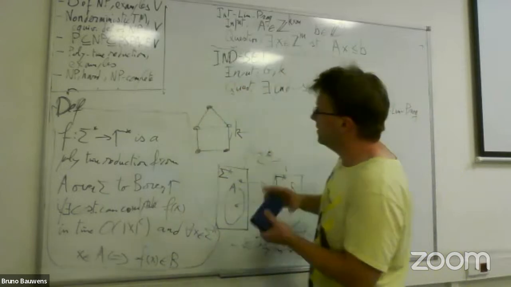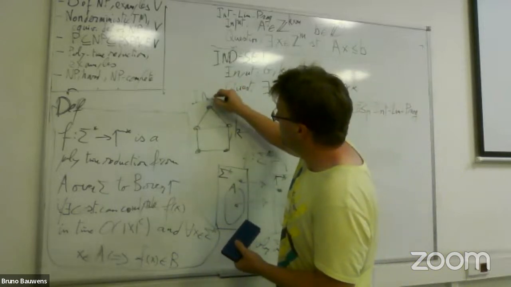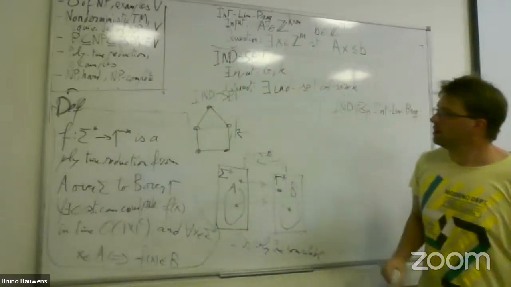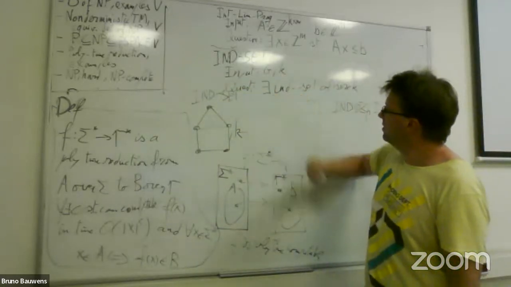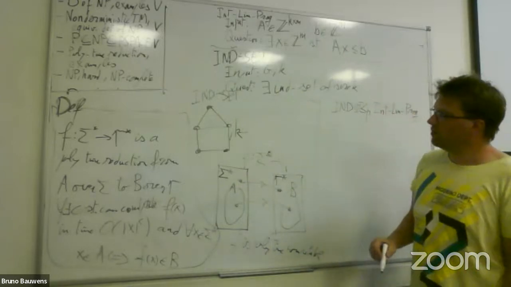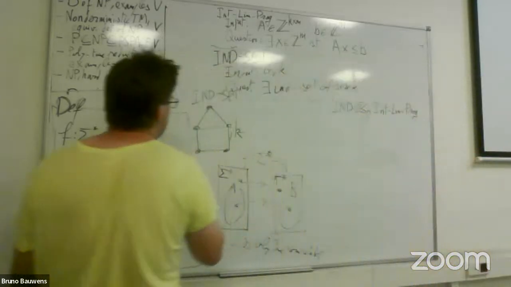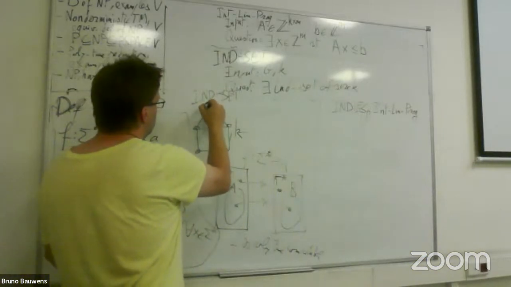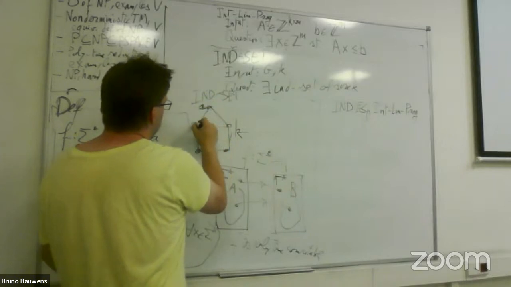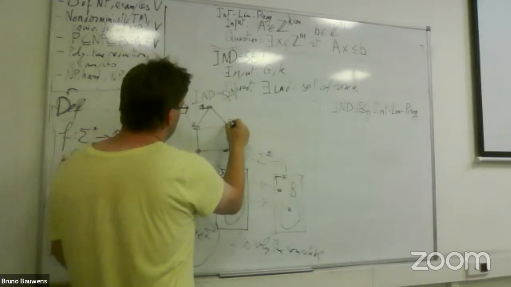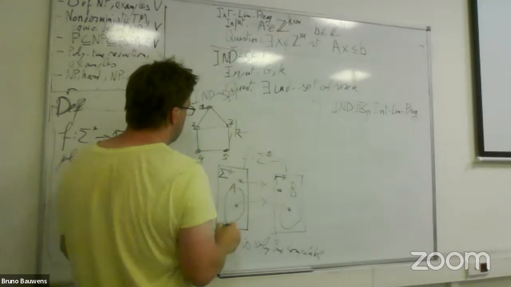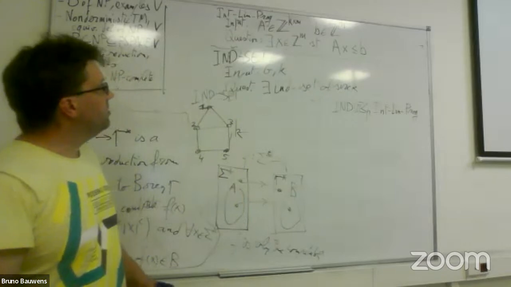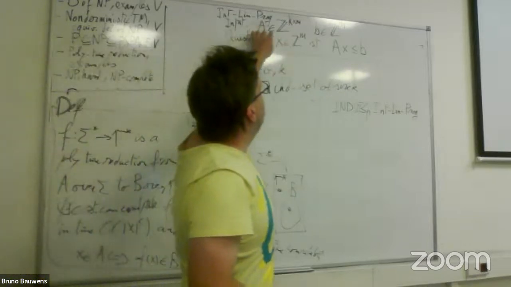Let us say that this is an instance of independent set. The idea, I think, is the same. We can mark 0 if there is an edge and 1 if not, and we just have a version of the integer linear programming task, but just with 0 and 1. Now I need to tell you what A and B are.